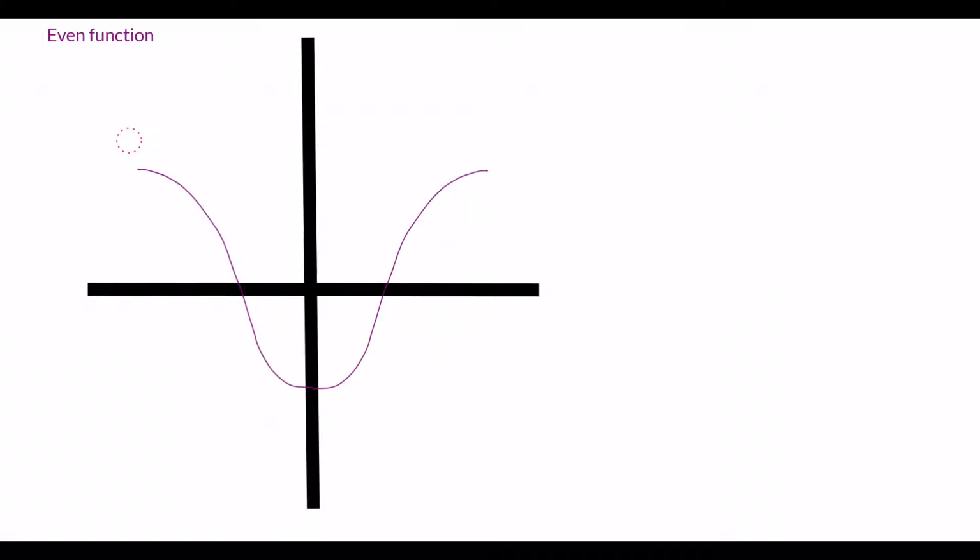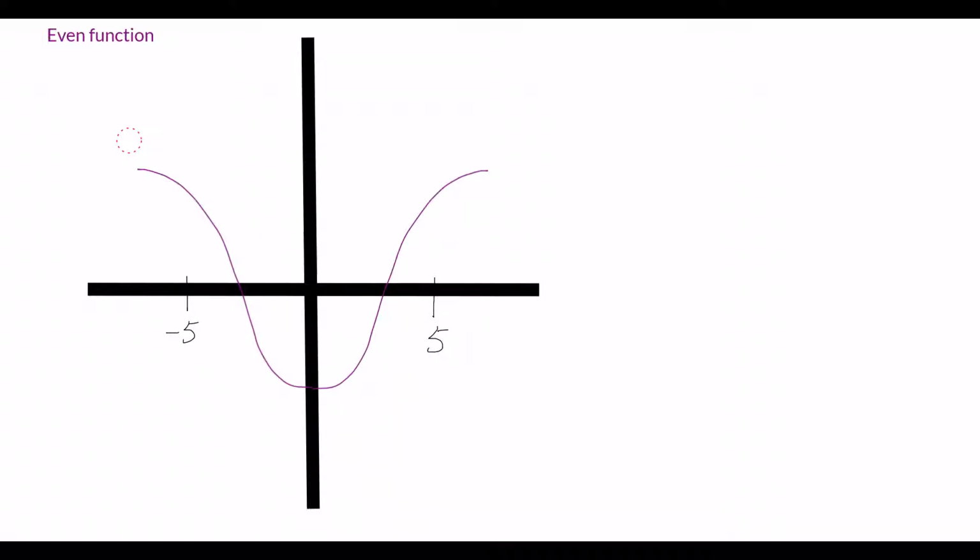And then what does that mean algebraically? Now it means, for example, if I take this point, the value of x here, for example, if it is 5. Now if the graph is symmetric, then it means the opposite of 5, it is -5.